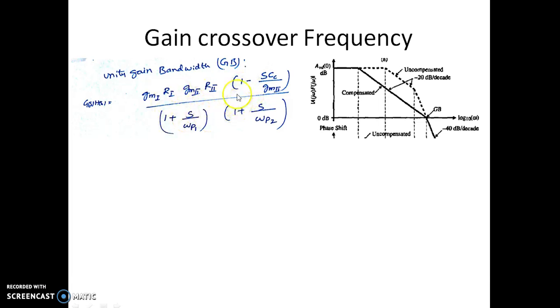the two-stage op amp after providing the compensation is going to have two poles at omega p1 and omega p2. This is a shifted pole position, and there is a zero coming onto the right hand side of the plane, which is located at gm2 divided by Cc. That is the location of the zero. The minus indicates the right hand side, and the plus indicates the poles are on the left side of the S plane.